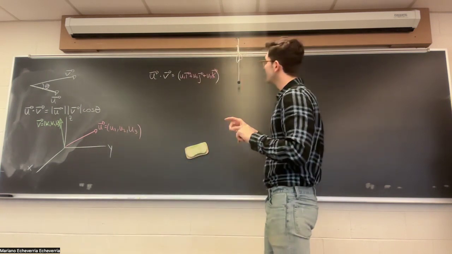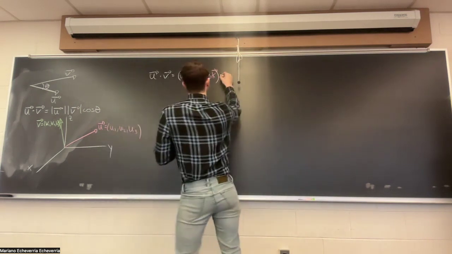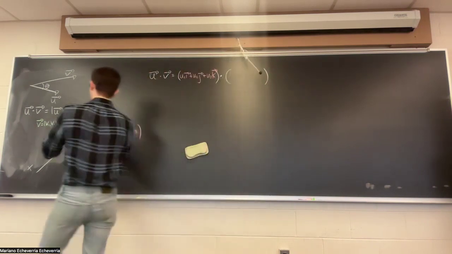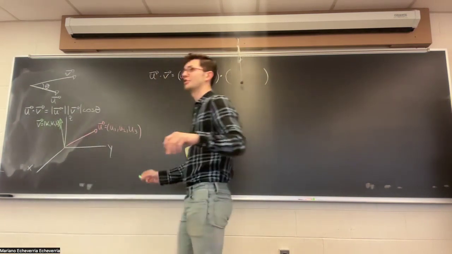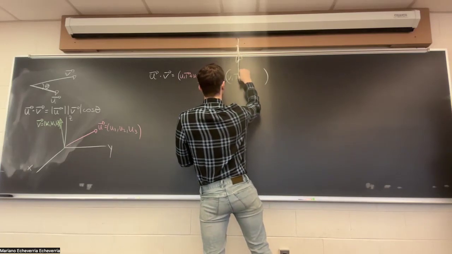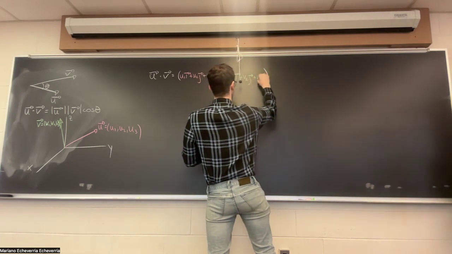Okay, so that's what u is, and then you're taking the dot product with the other vector v. But v can also be broken into the i, j, k vectors. So you put here v1 i plus v2 j plus v3 k.